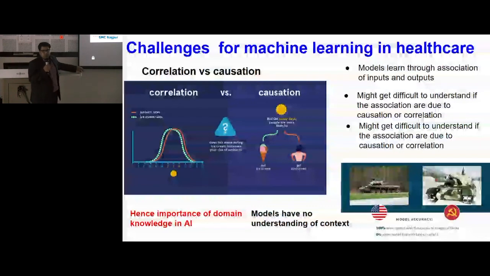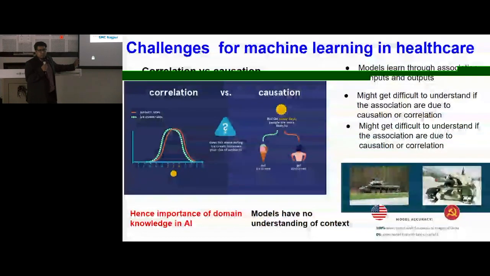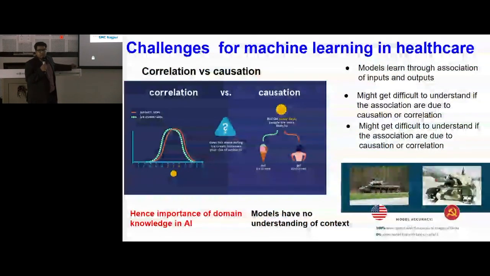What the model was seeing was that in the Russian images, a lot of ice and snow was there, and in the US images there was no ice and snow. So basically it was learning the weather, not the tanks. That is why these things can happen if a non-medical person does AI research in healthcare. That is why we need a domain expert here.